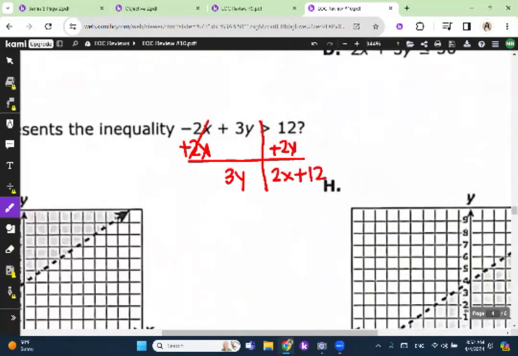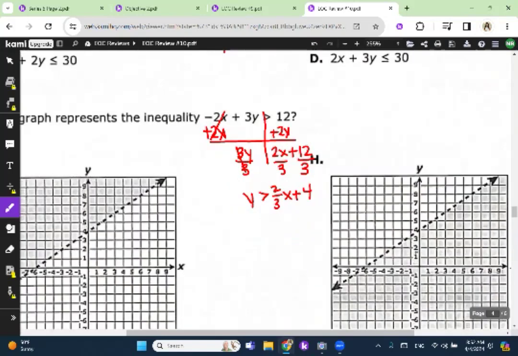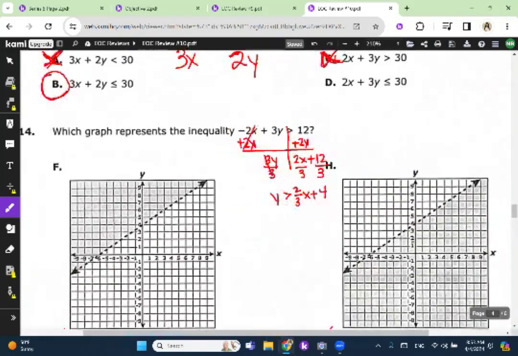And then you divide by 3. So y is greater than 2/3 x plus 4. There's only one that's shaded above, which is F. That's shaded above.